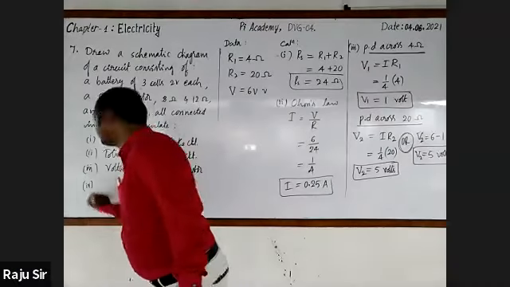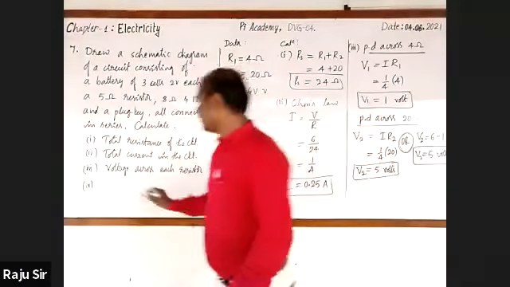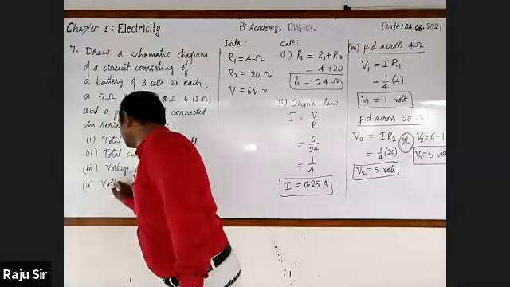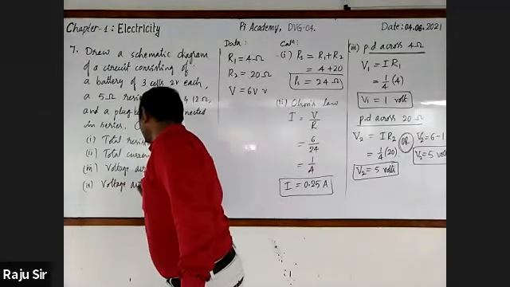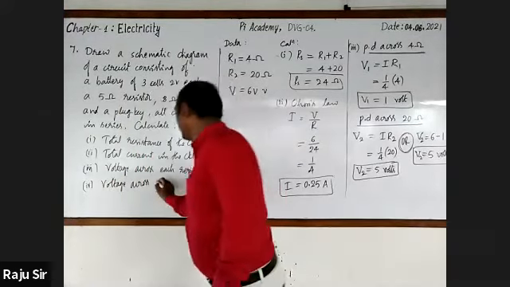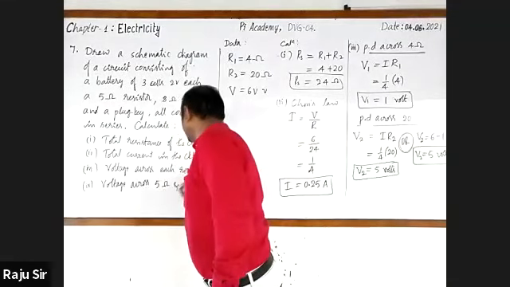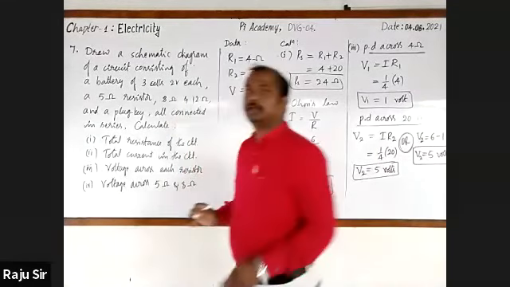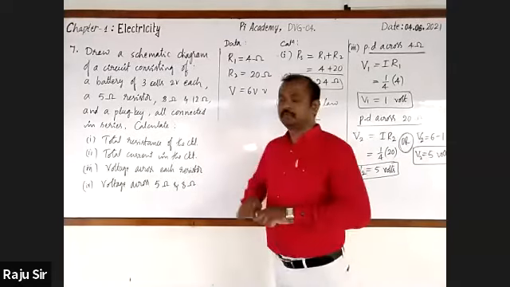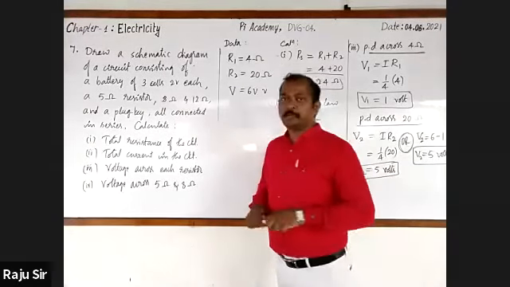Fourth one, voltage across, nothing but potential difference, across the 5 ohm and 8 ohm resistors. These are the 4 possible questions.